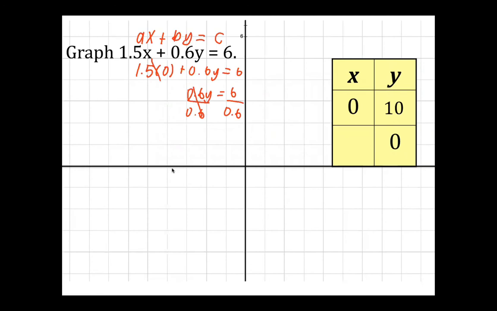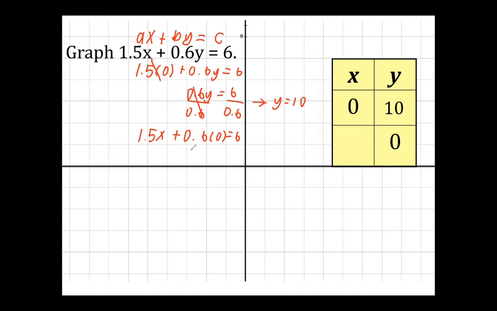Now we're going to go ahead and do the same for our x-intercept by plugging in 0 for y. So 1.5x plus 0.6 times 0 equals 6. 0.6 times 0 will just equal 0.